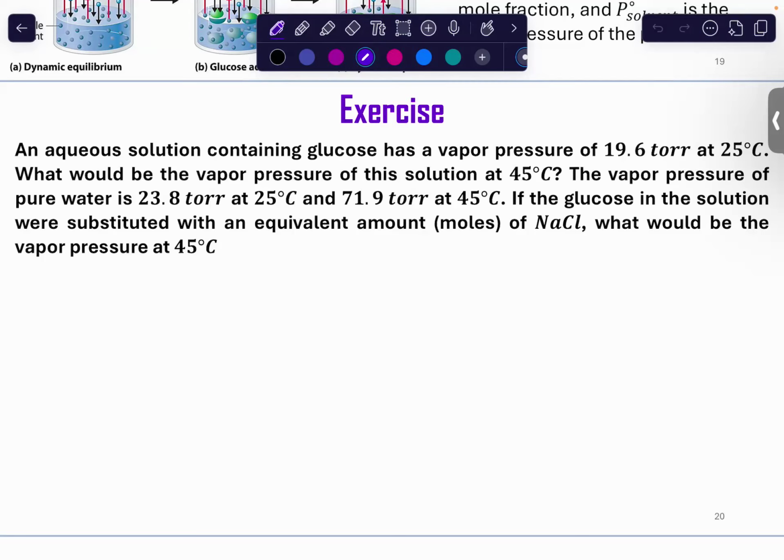Okay, so what we can do is say, well, I can use my 25 degrees Celsius numbers and figure out the mole fraction of the water. Because it doesn't matter if I change temperature, mole fraction is not going to change.